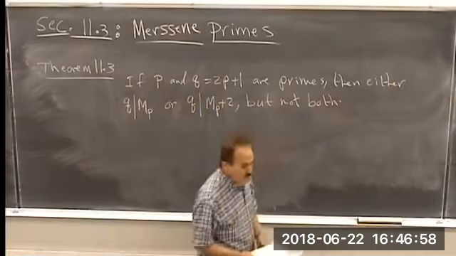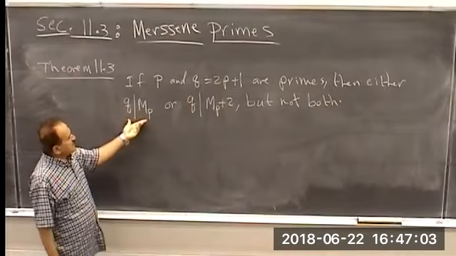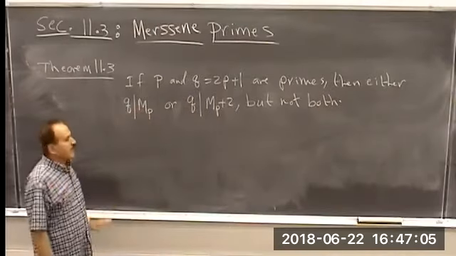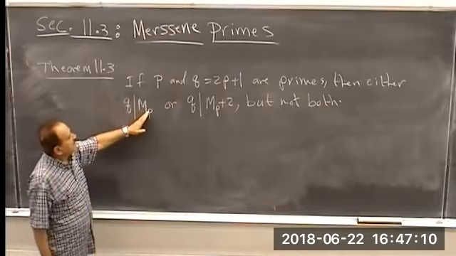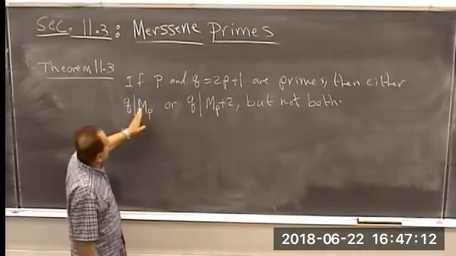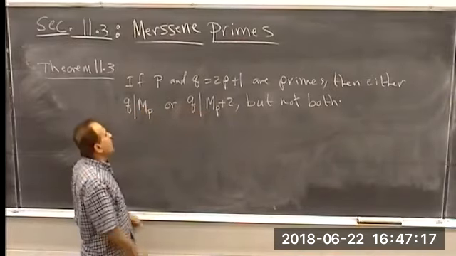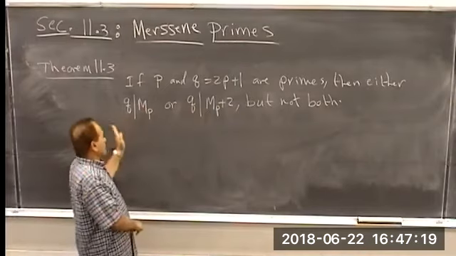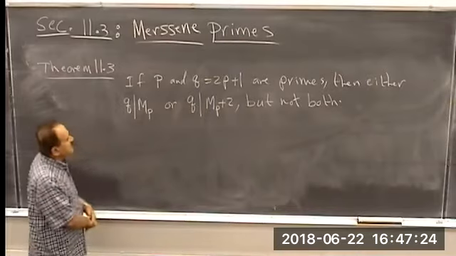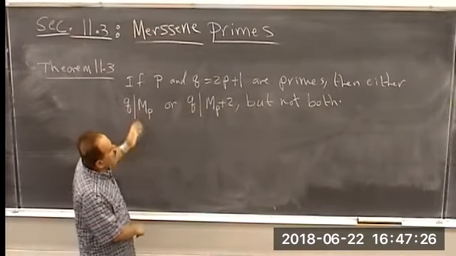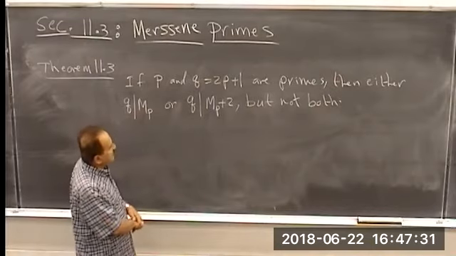So in other words, this theorem tells us that if the first condition is satisfied, then M sub p is composite for sure. But if q does not divide M sub p, it's going to divide this one. We don't know, of course, if another prime would divide. So it won't be a primality test for Mersenne primes, but at least it would rule out some of those Mersenne numbers as being composite.